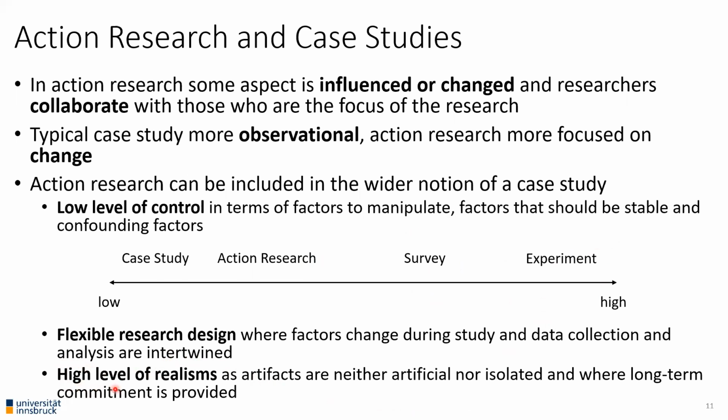That's, on the other hand, also the advantage of case studies and action research, that you have a high level of realism, as artifacts are neither artificial nor isolated, as they often have to be in experiments, right? If you want to do an experiment on test-driven development, and we have seen many experiments in the past, then it's very difficult to take a real-world system to investigate test-driven development in a controlled setting, where you compare it to test-last testing.